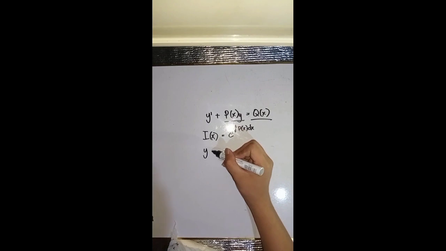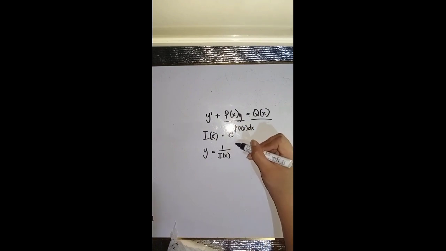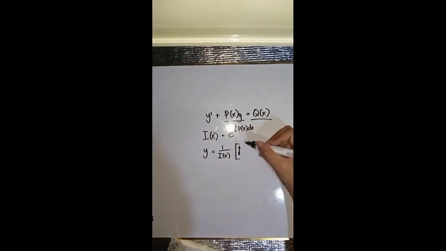After finding the integrating factor, you can now write the general formula of the linear equation. So, y is equal to 1 over the integrating factor, multiplied to the integral of the integrating factor times q of x dx, plus some arbitrary constant which is c.